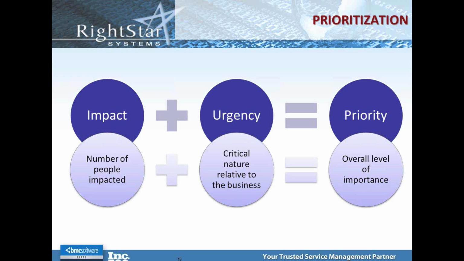That will then in turn help us to manage our workload, to put the highest priority requests first, and to also identify what our expected resolution timeframes might be for the particular request.